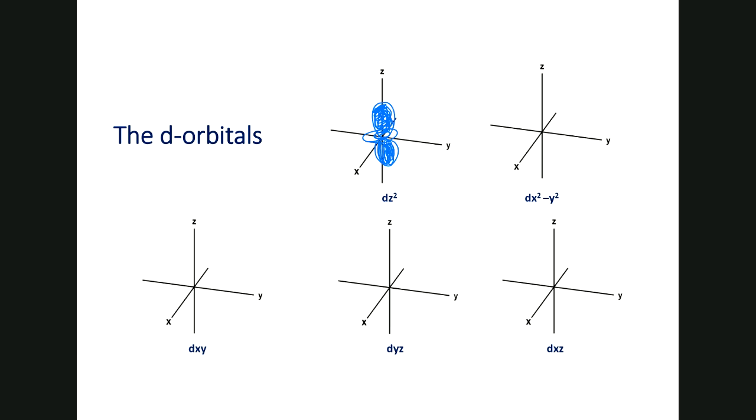So dx squared minus y squared, if we were to draw that, what axes is it on? Where does that lie? All right, xy plane. Yes, Justin.